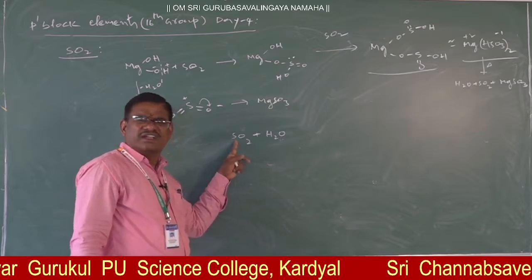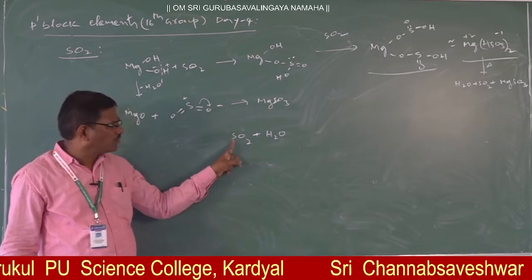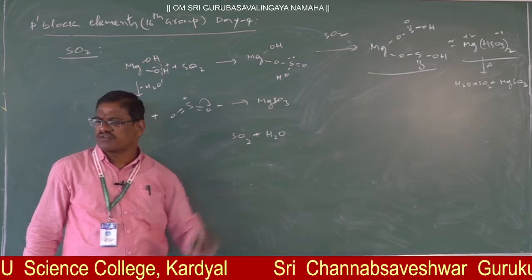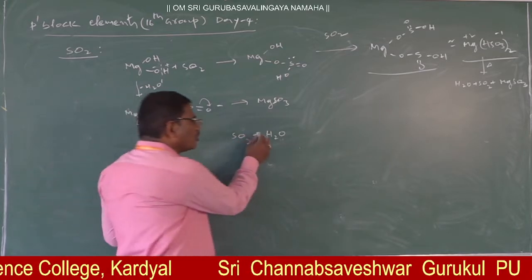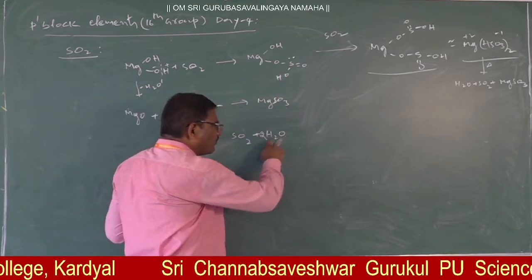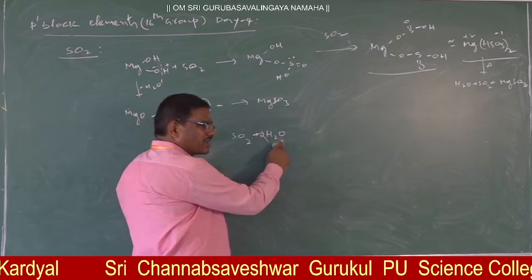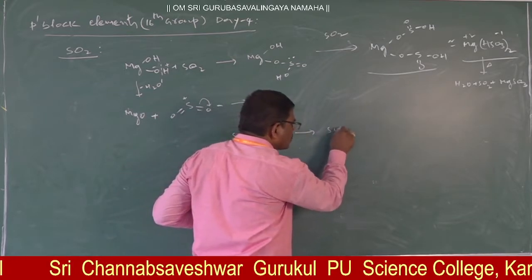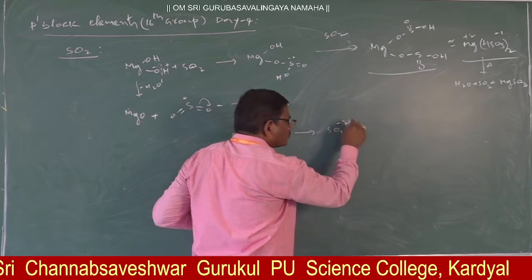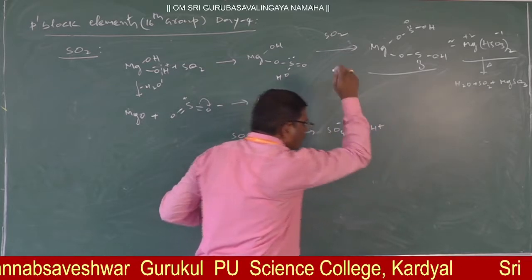Here sulfite is normal only. Sulfur is plus 4, and in sulfite also sulfur is plus 4. Suppose 2 moles of water come forward. 2 oxide ions are there, na? Those 2 oxide ions go to sulfur dioxide, converting it into sulfate along with 4 moles of H plus.